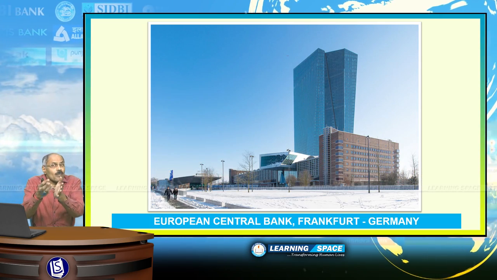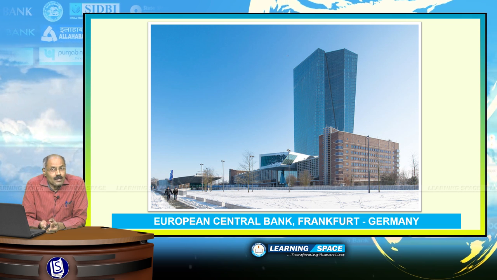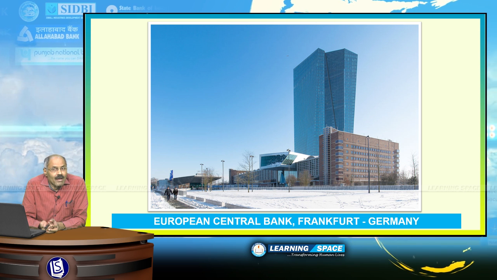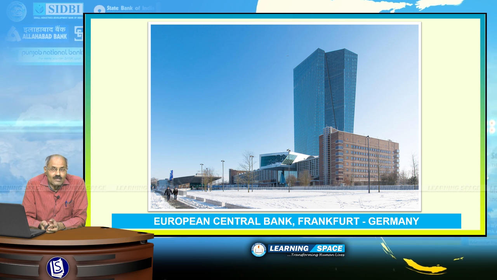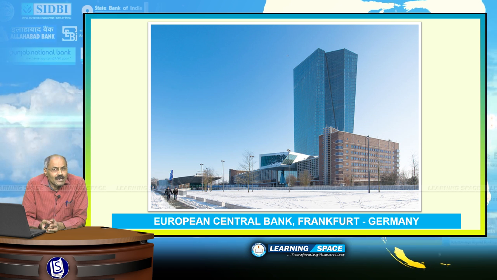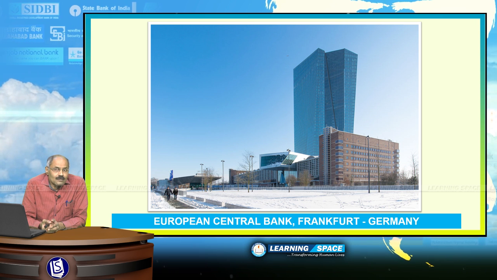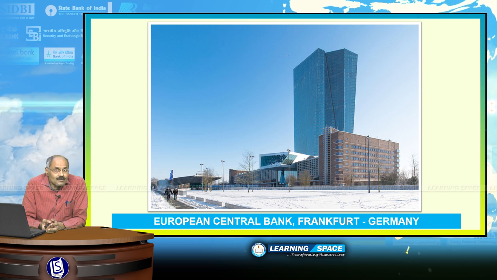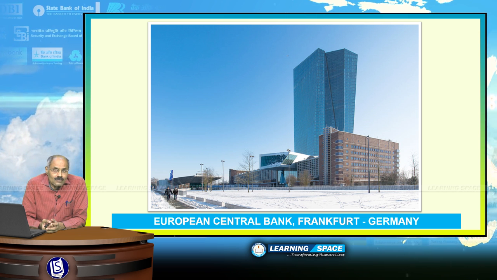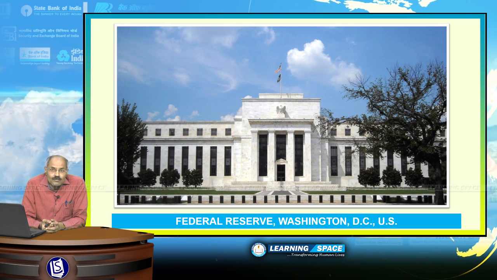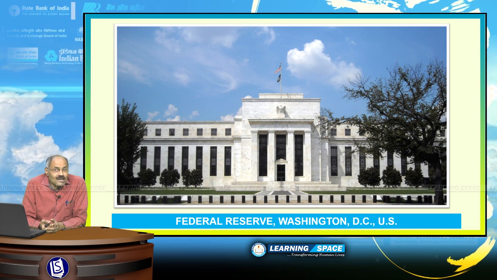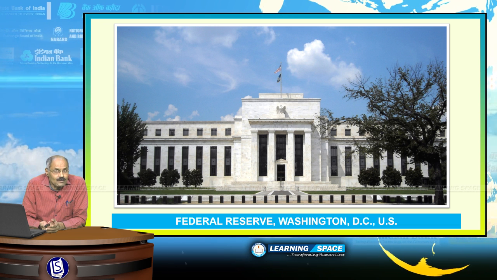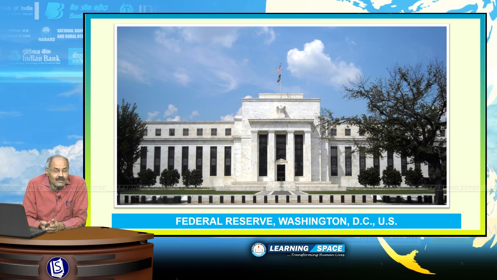Second one is the European Central Bank, headquartered in Frankfurt in Germany, and it looks at the central banking operations for the Euro countries. Then Federal Reserve, the central bank of United States of America, and its head is Janet Yellen.